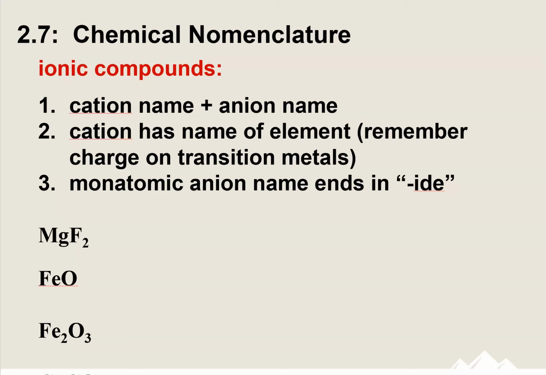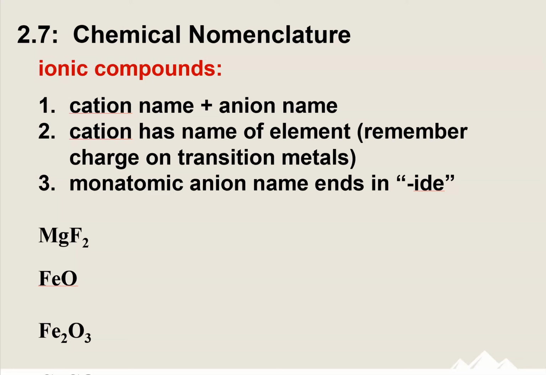FeO. Pause the video and write the name. Fe stands for iron, which is a transition metal in the middle of the periodic table. And because transition metals can have different charges in different compounds, we're going to need to distinguish which one it is.